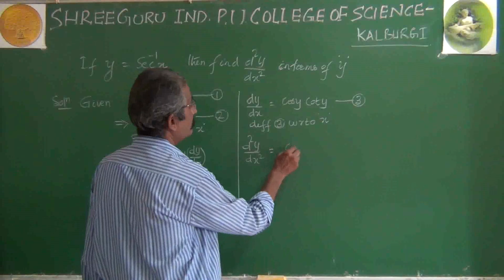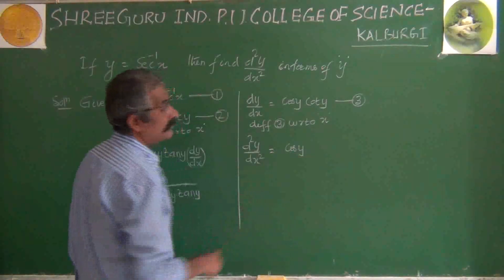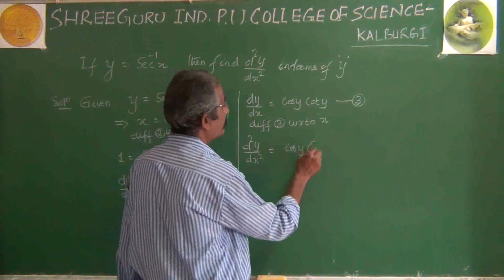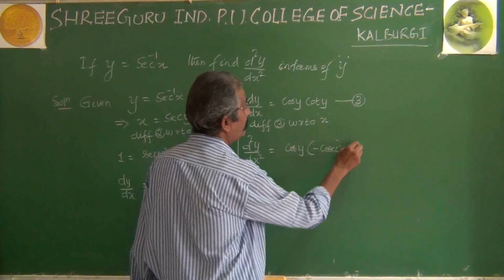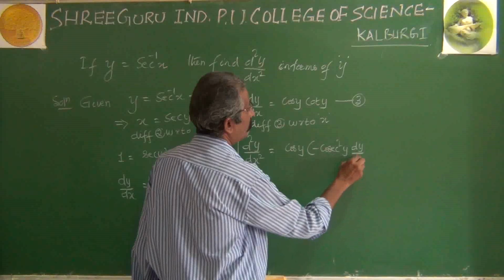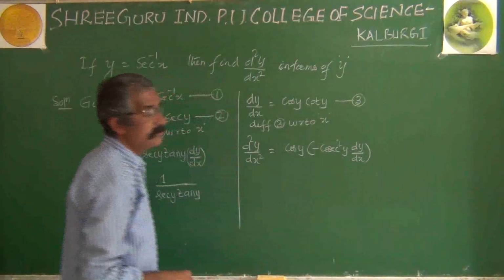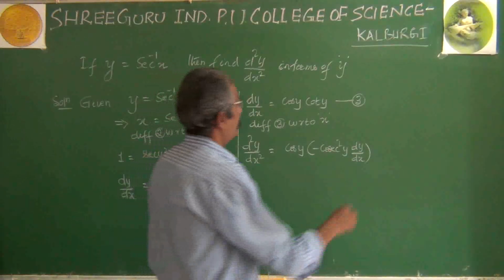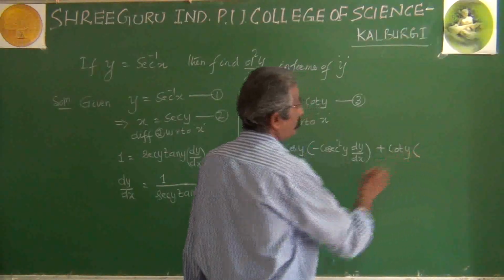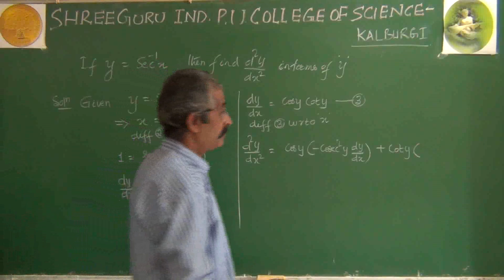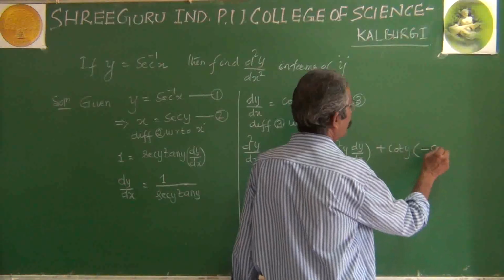First function cos y into differentiation of cot y, which is minus cosec square y into dy by dx, plus second function cot y into differentiation of cos y, which is minus sin y into dy by dx.